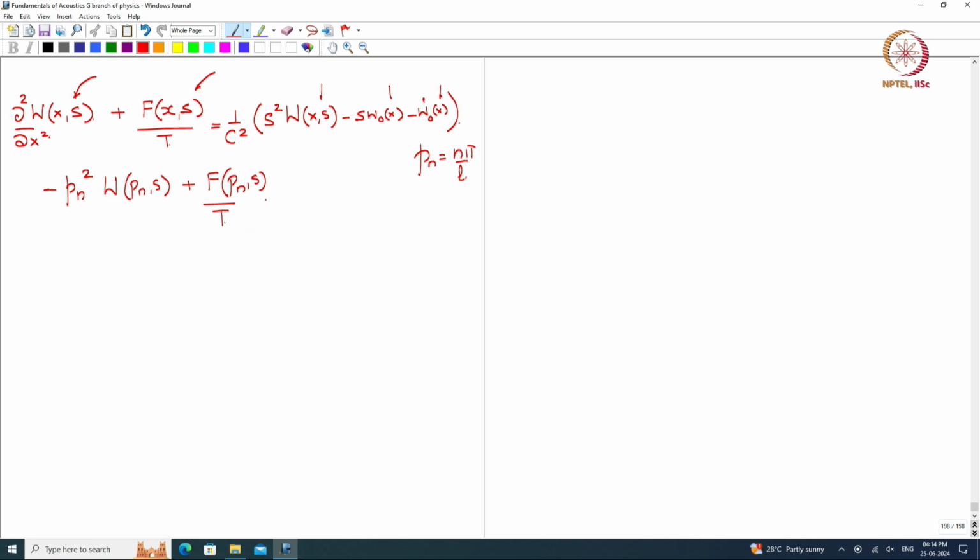So that is equal to 1 over c squared into s squared w of p n comma s minus s w 0 of p n minus w dot 0 p n.